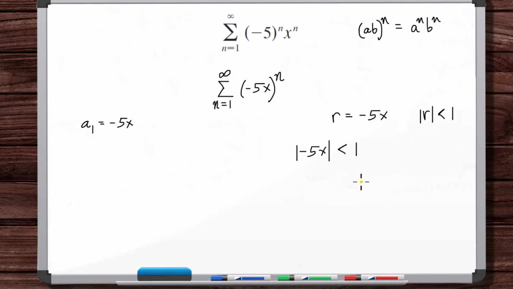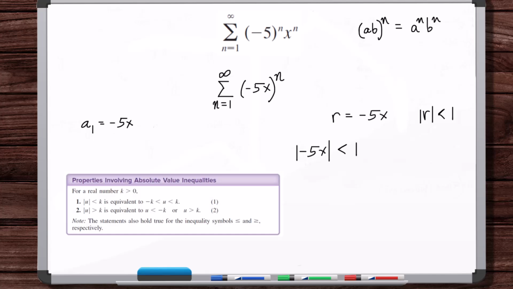Okay? So going back to the college algebra textbook, on the absolute value inequality section, it says we've got a number k, a real number that's greater than 0, and that's 1 in this case. If you have the absolute value of some expression u is less than k, that's equivalent to u is less than k and u is greater than minus k.